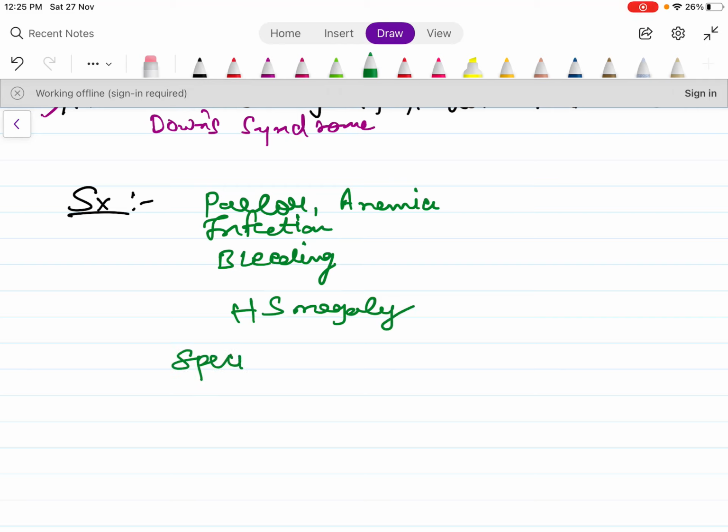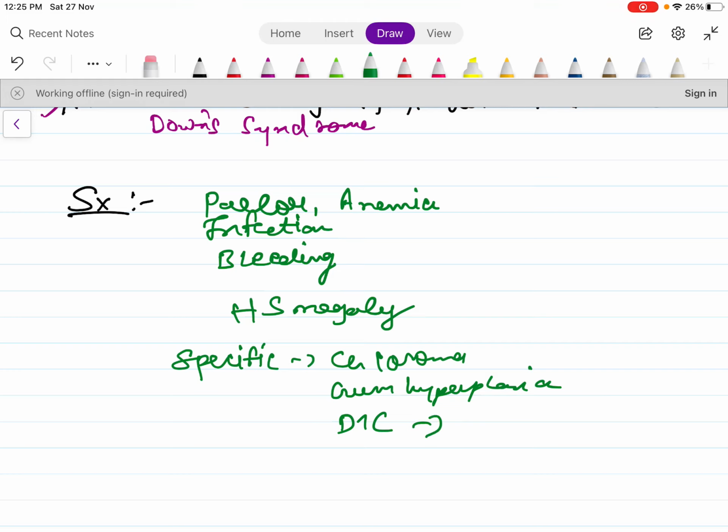Specific for this disease is chloroma, which is seen in M2 stage, gum hyperplasia, which is seen in M5. Then we can have DIC, which is seen in M3. So this is M2, M5, M3.